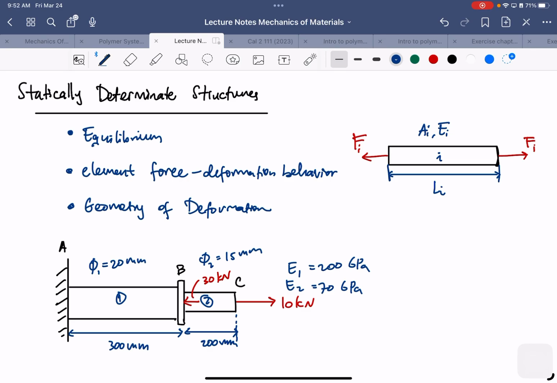So as long as you know the force, the length, the cross section, and the modulus of elasticity, you could apply the elongation formula. It means that first check the equilibrium for each member, how it looks like, and then the behavior and the geometry.